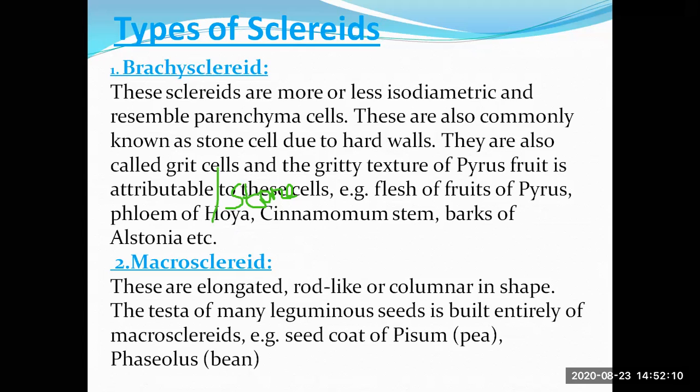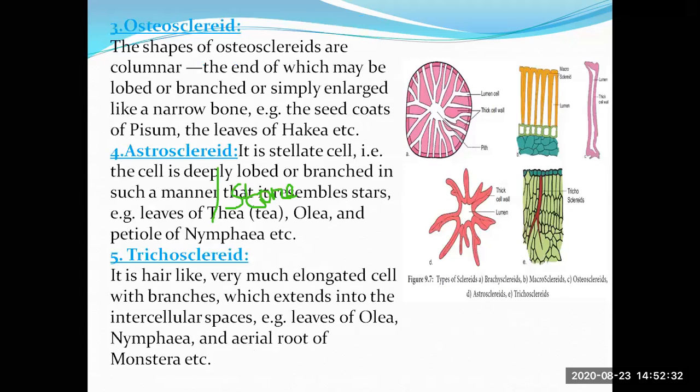You will see these brachysclereids in these stems, barks, and fleshy fruits. They are also known as stone cells or hard wall cells. They are more or less isodiametric in structure. You'll see this structure here.